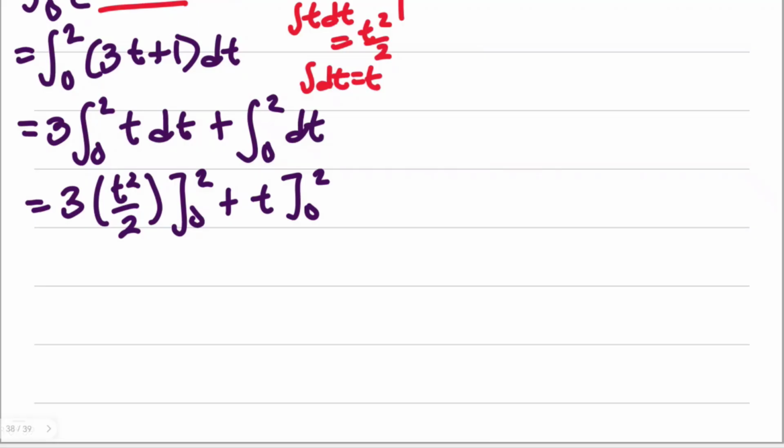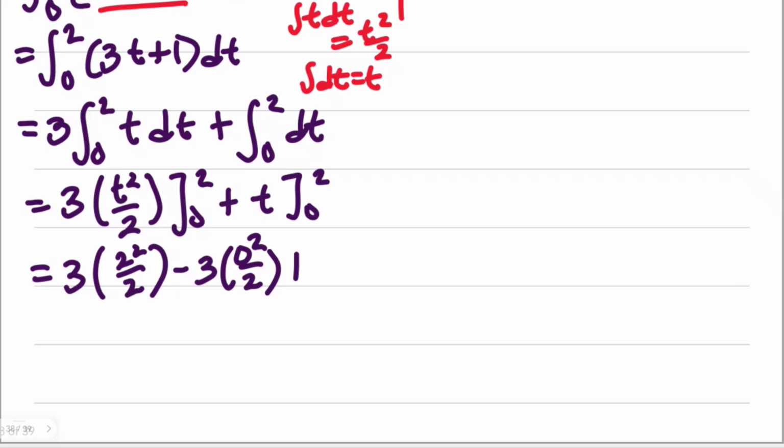With this now, substituting the boundaries, you have 3 times 2 squared over 2 minus 3 times 0 squared over 2, plus 2 minus 0. We know that 2 squared is 4, divided by 2 is 2, so 3 times 2 is 6. This is actually 0, that's also 0. So you have 6 plus 2, which gives us 8.